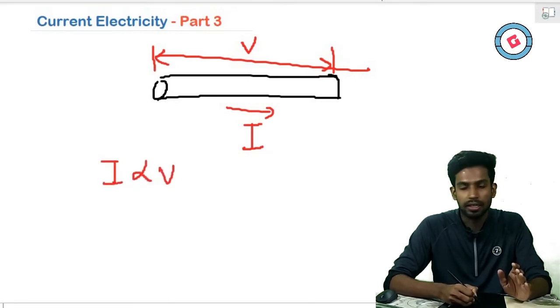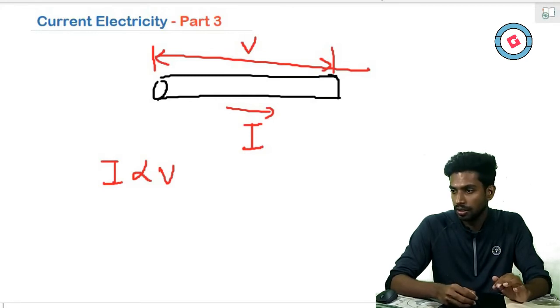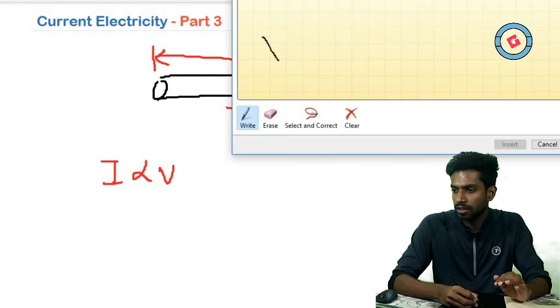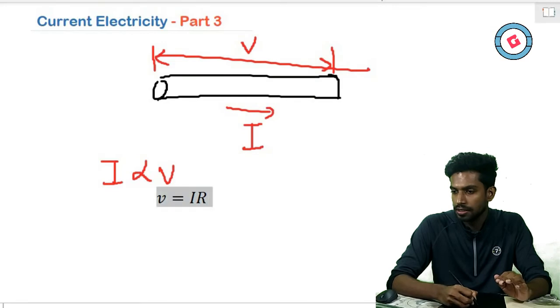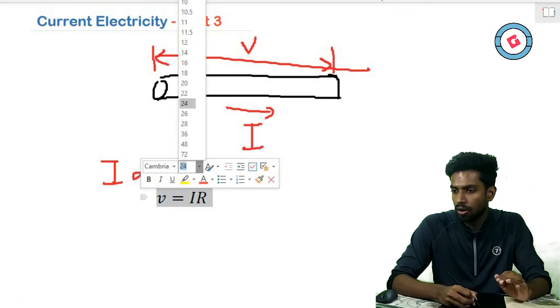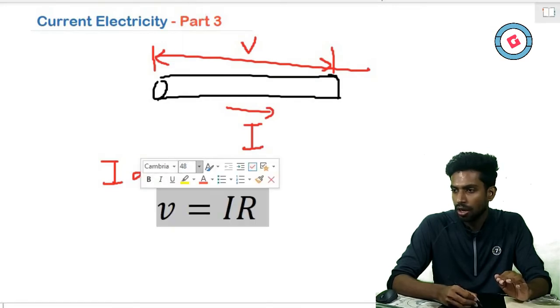So we take the proportional constant as R. Then we can write V equals IR. So V equals IR is the equation we derived from Ohm's law.